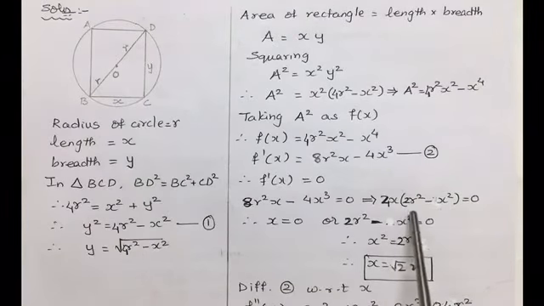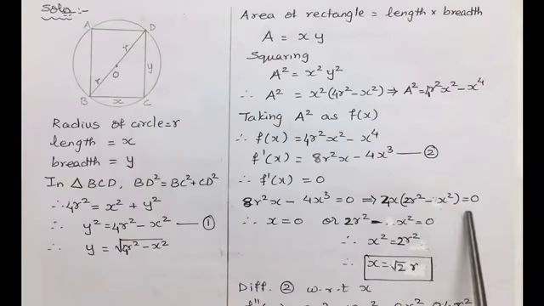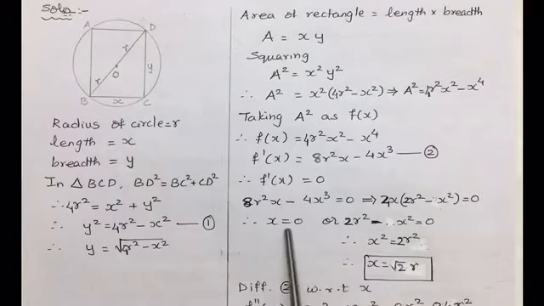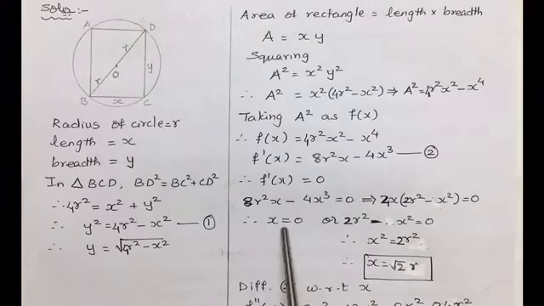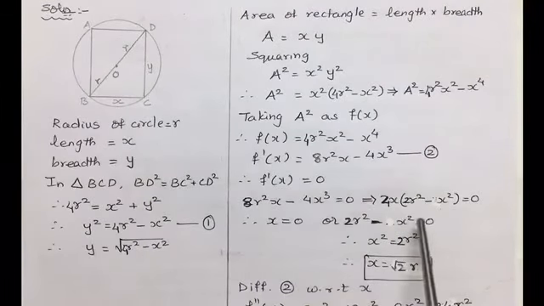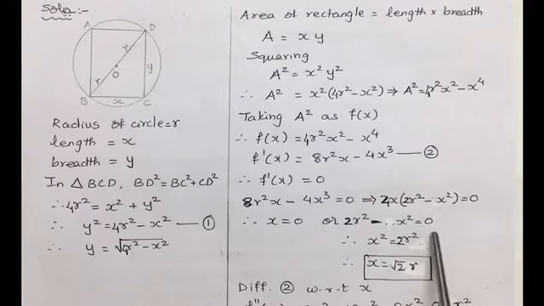Taking 4x common, inside the bracket remains 2r square minus x square equal to 0. One of the values of x will be equal to 0. Another one is 2r square minus x square equal to 0. Therefore, x square will be equal to 2r square and the value of x will become root 2 r.